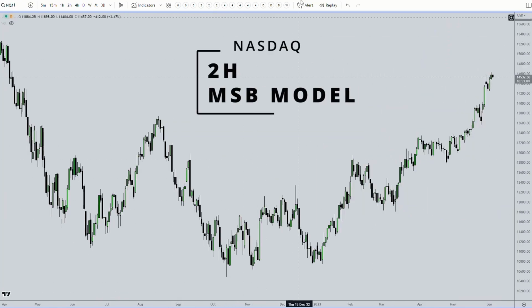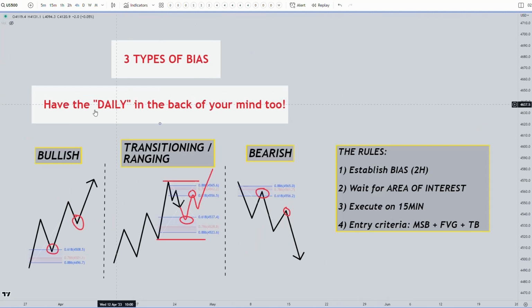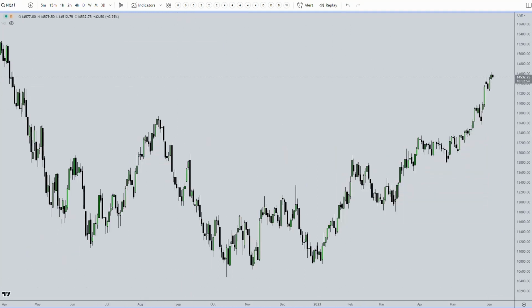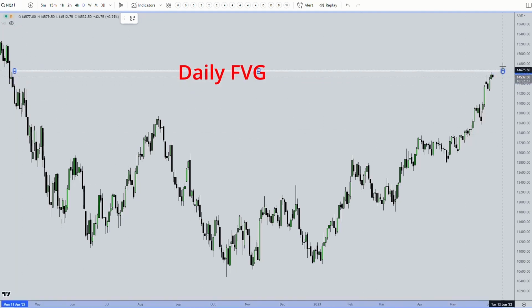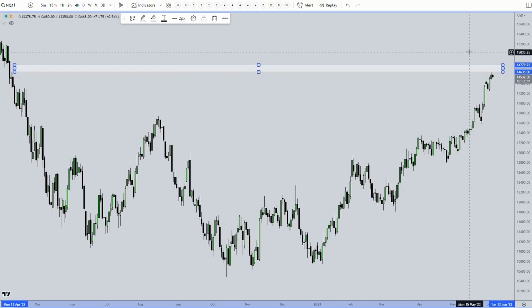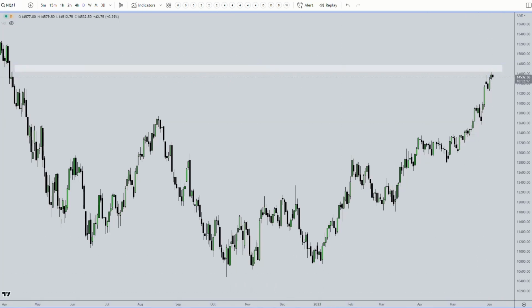Repeating the same process here for the Nasdaq and having the daily at the back of your mind, what do you see? We have just tapped into this fair value gap sitting here above us, so this obviously should make you cautious.